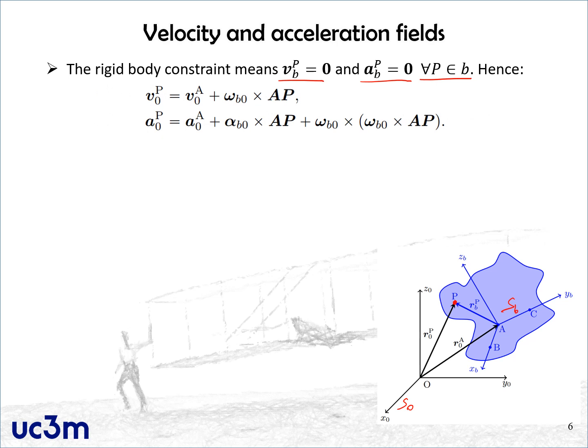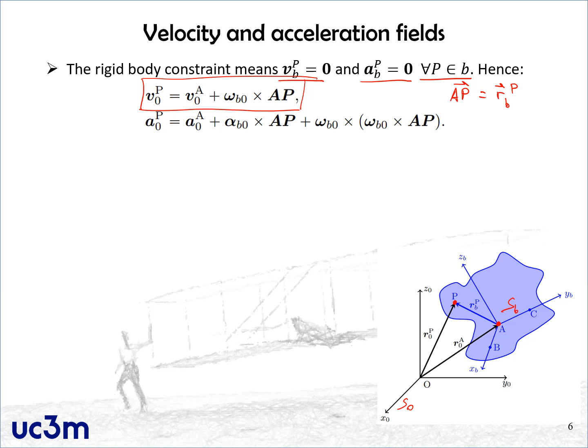Now, of course, AP is the vector that goes from the origin of our reference frame to point P, and we can call it also RPB, okay? Now, these two expressions are very important. They are the velocity and the acceleration field of the rigid body. Especially the first one is relatively important to us, right? Observe that we can regard the right-hand side of these expressions as a function that assigns a value of the velocity and the acceleration to each point of a space.